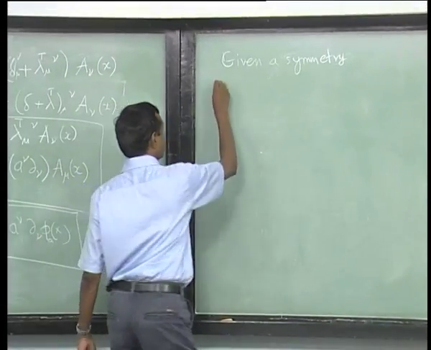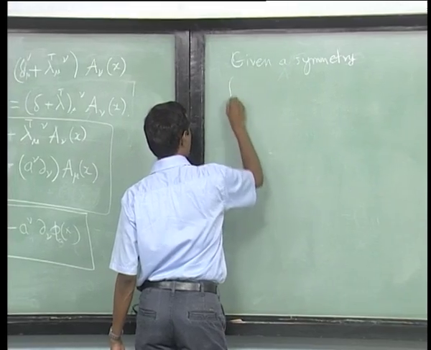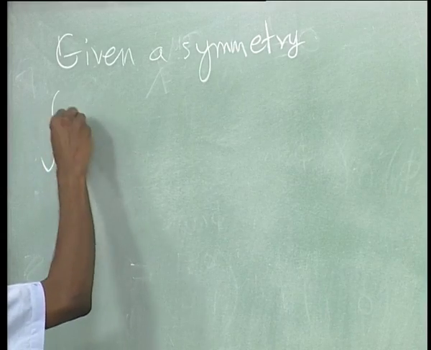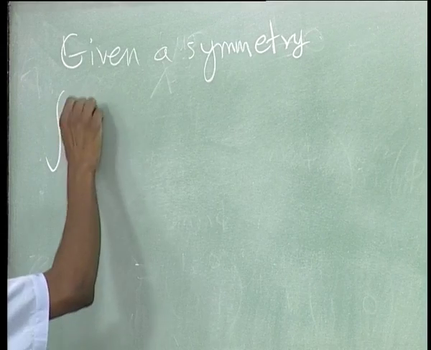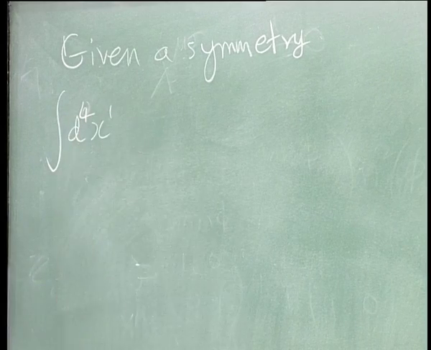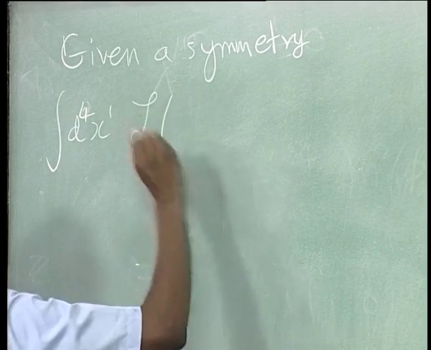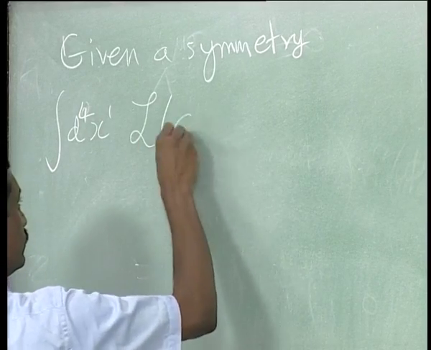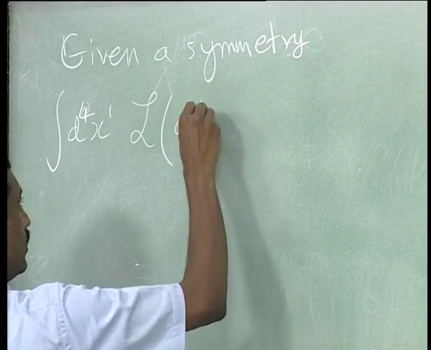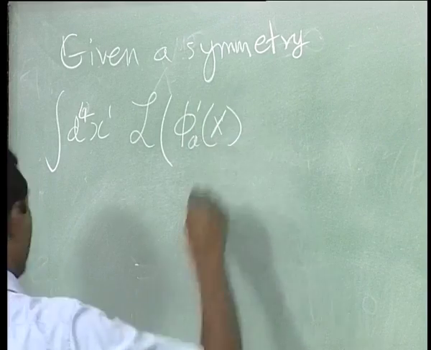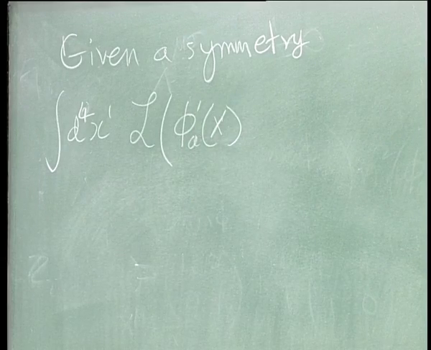So, the action, let us stick to 4 only, is d4 x prime L of phi a and their derivatives, everything with the primes.